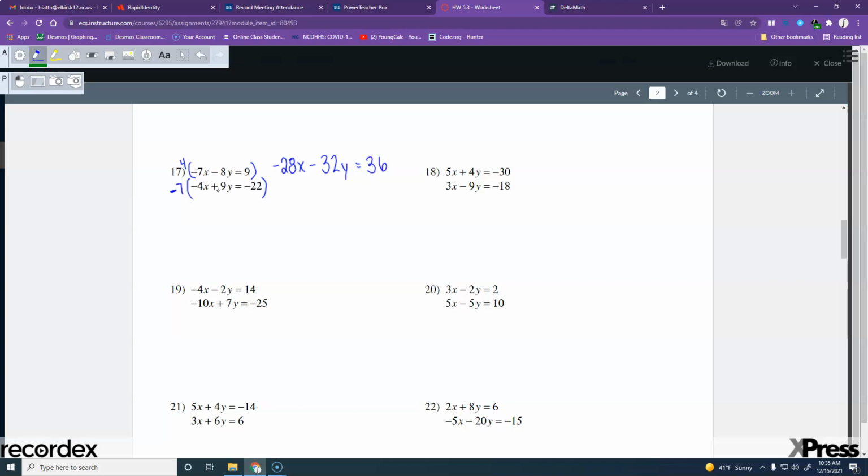And on the bottom, we'll get positive 28x minus 63y equals, let's see, 22 times 7, 154. So we get 154 here.